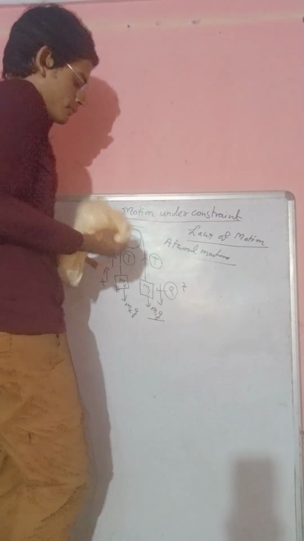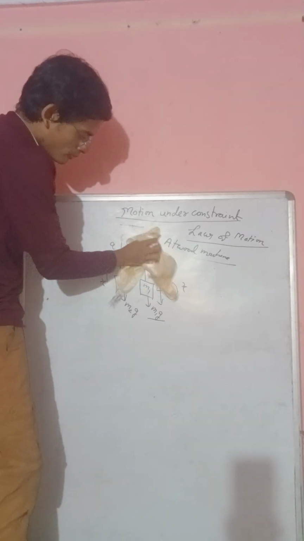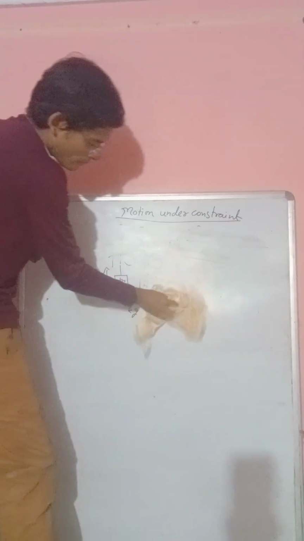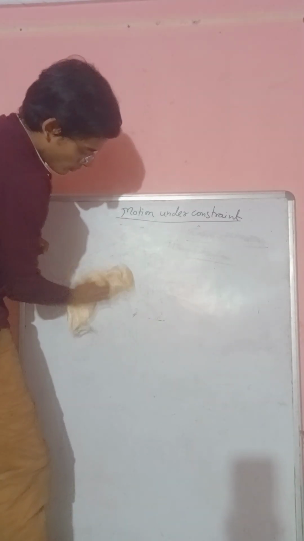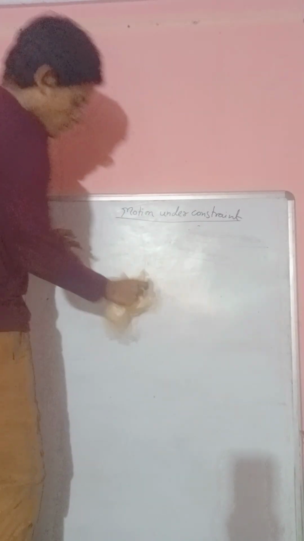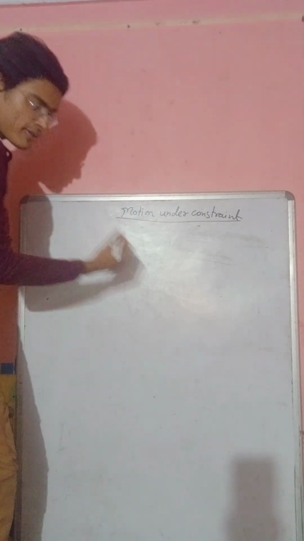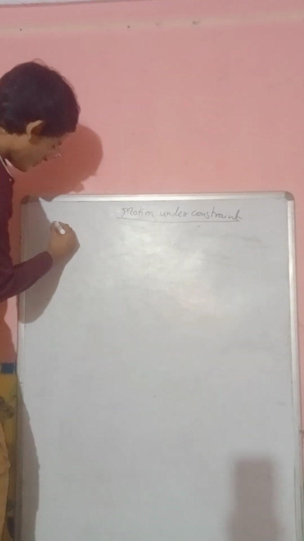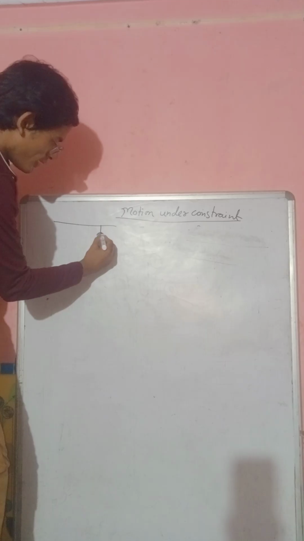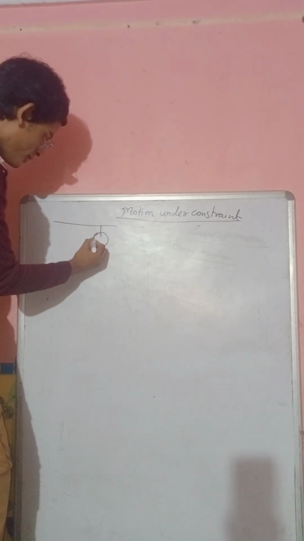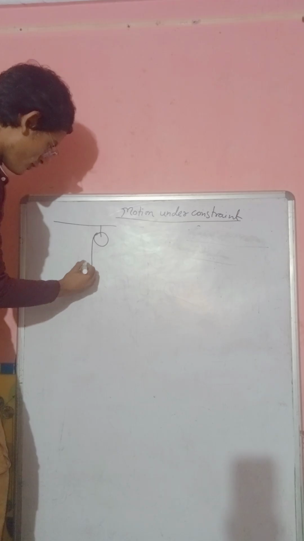Let's see. First of all, we start with this condition. Here goes one fixed pulley, and here we have taken a movable pulley.